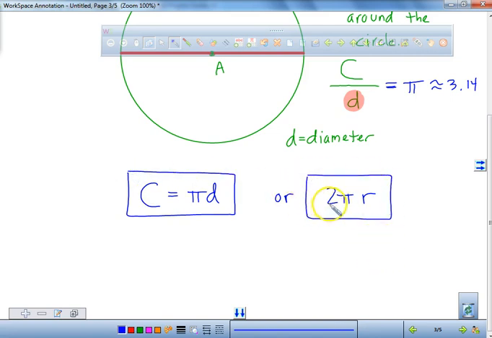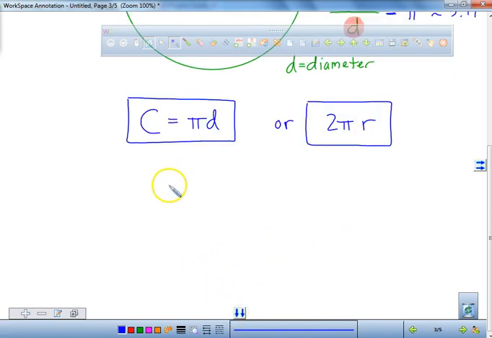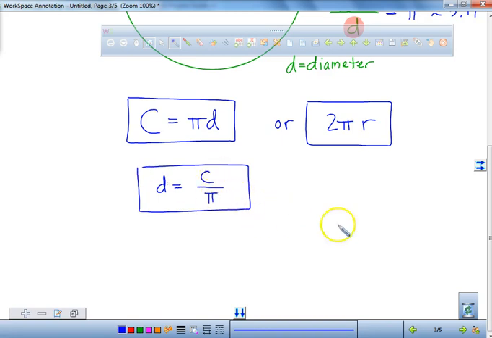It's either, remember, because what did I tell you the diameter was equal to? The diameter is always equal to 2 times the radius. That's why it's 2 pi r. Now, if I wanted to solve for the diameter, it is going to equal the circumference divided by pi. So if you want to figure out the diameter of a circle, take the circumference divided by pi.